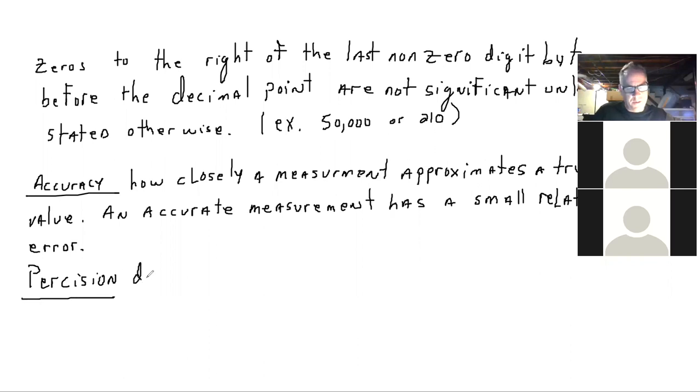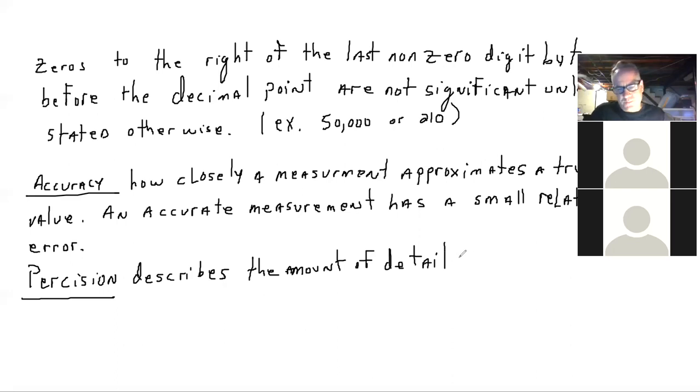Precision describes the amount of detail in a measurement. Okay, I'm missing an E right there. All right, in a measurement.